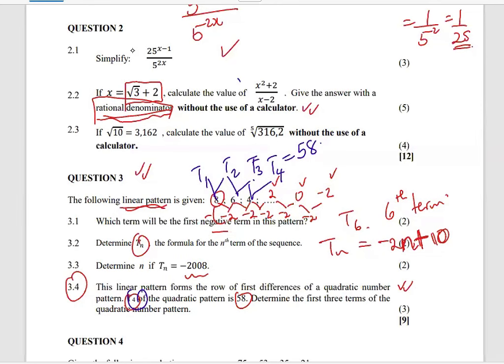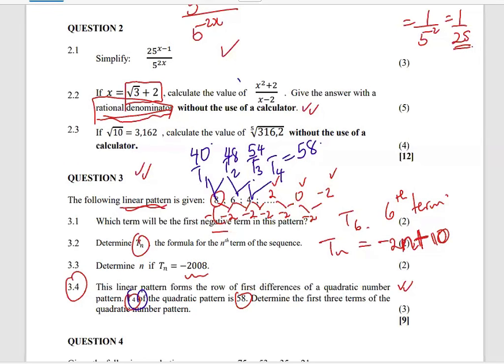From 58, are we adding a 4 or subtracting a 4? We are subtracting a 4, so this is 54. And then we subtract a 6, which is 48. And then 48 minus 8, we're going to end up with 40.